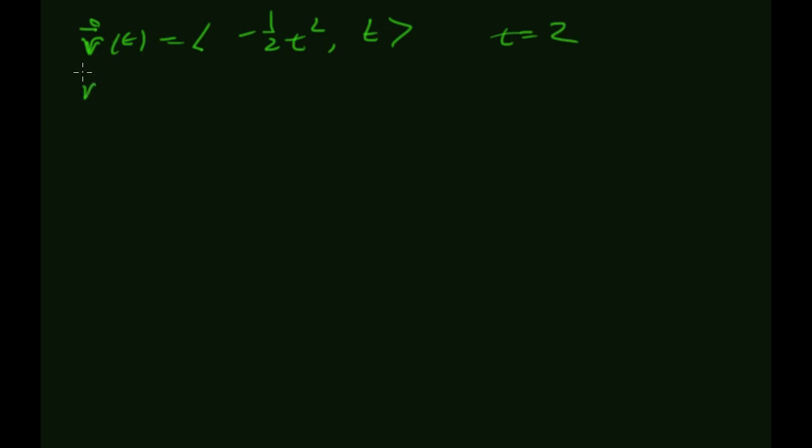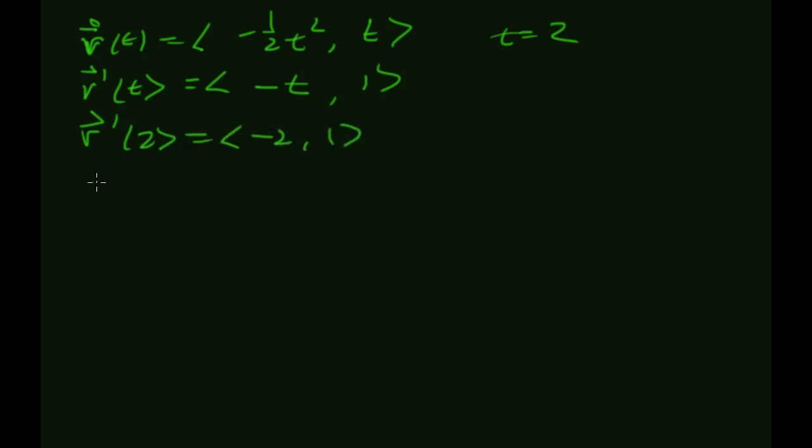Okay, so to get the speed, we need the velocity. So let's see, this first term works out to be negative t, right? And the second term just becomes 1. So the velocity at time 2 should be negative 2, 1.